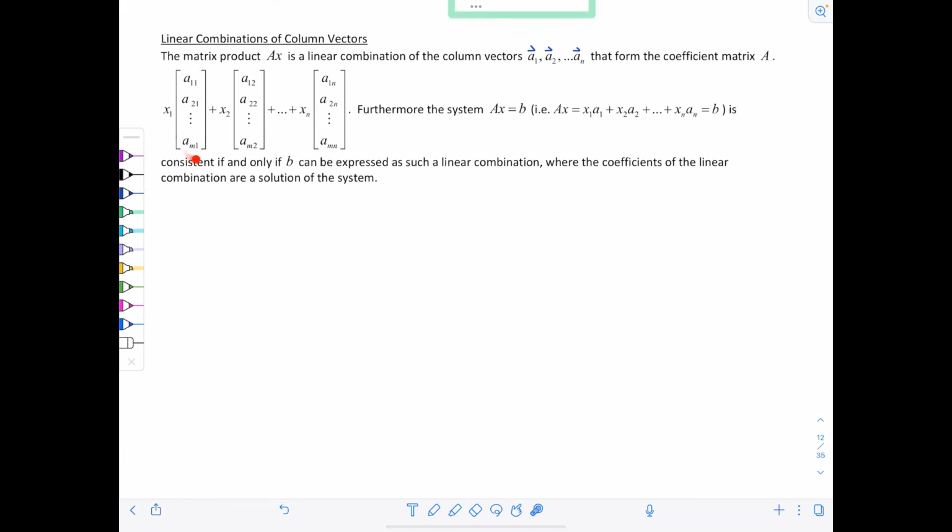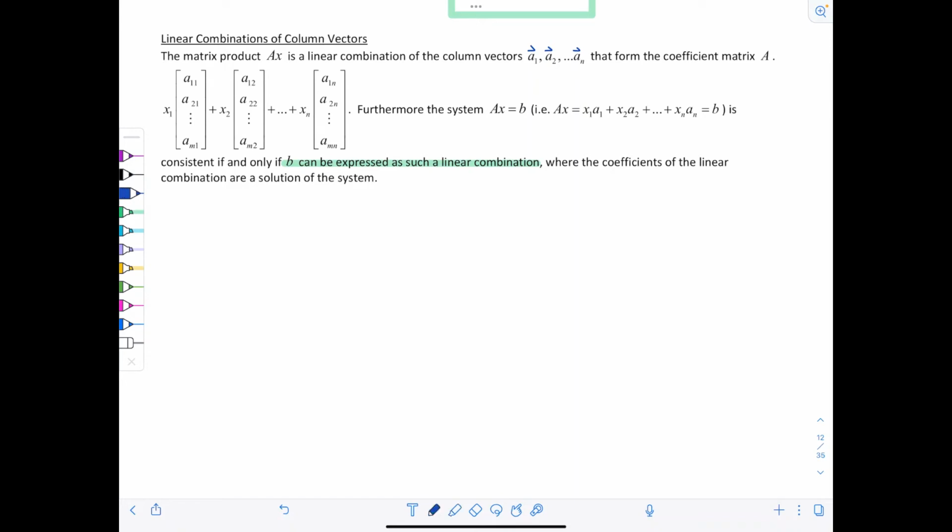So here's A1, A2, AN, and we're multiplying each column vector by x1, x2, up until xn. And furthermore, the system AX equals B is consistent if and only if B can be expressed as such a linear combination. So we'll talk about that more later in the course, but for now, I just want you guys to understand that we have another way to represent our system of equations here, okay, using linear combinations of column vectors.